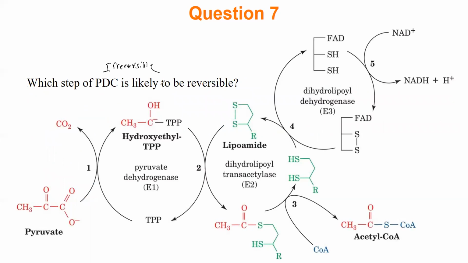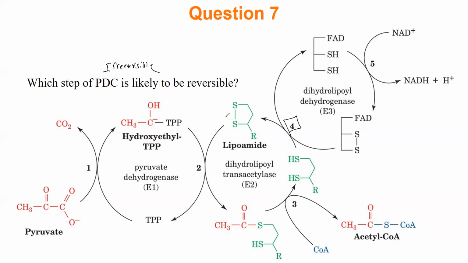However, this question is really designed to see what your thinking is of looking at each individual step, and based on what we learned through other mechanisms, which one would you say could be reversible? The answer to that is most likely 4, because all you're doing is breaking and reforming disulfide bonds. So step one, you're breaking off a CO2, so that's irreversible. We've seen that before.